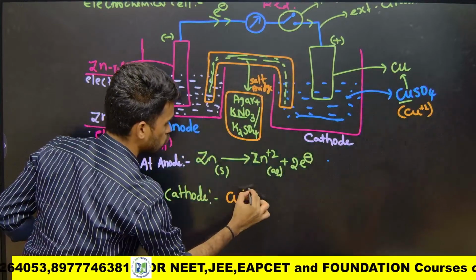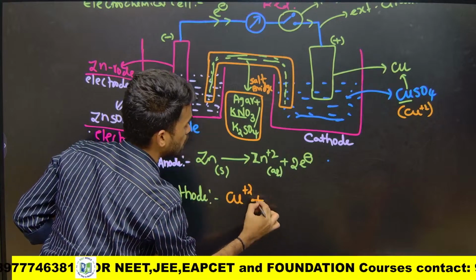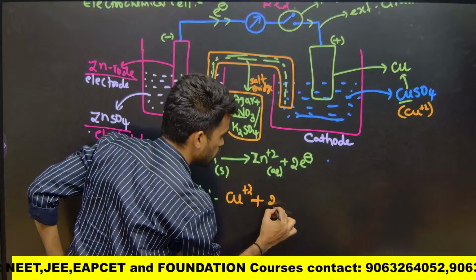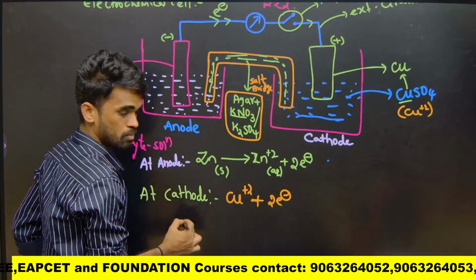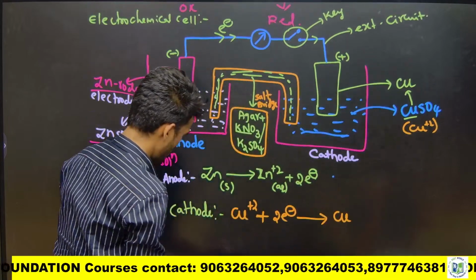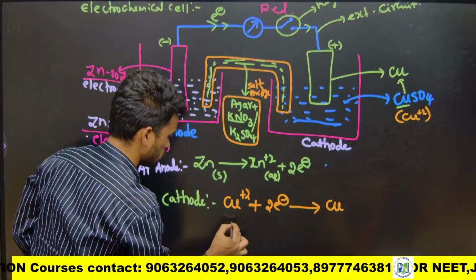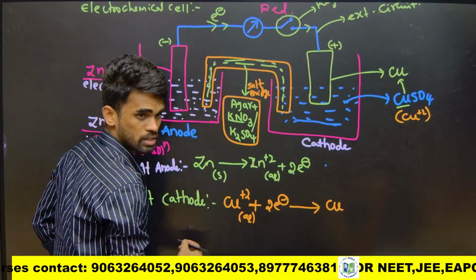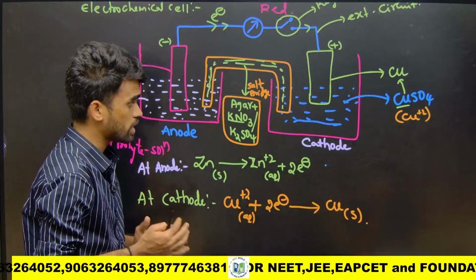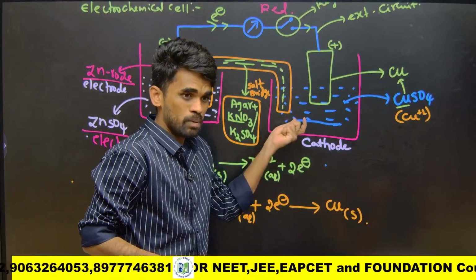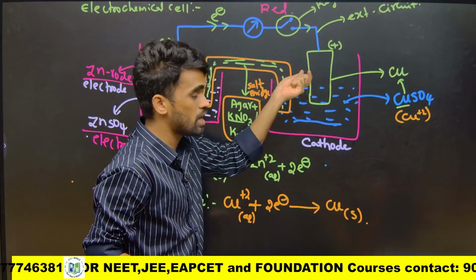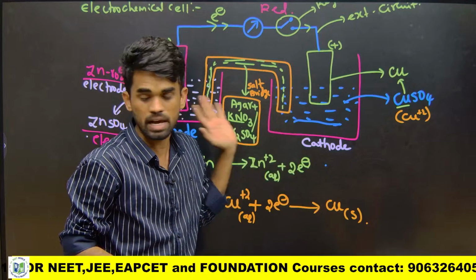So this Cu2+ will take the 2 electrons coming from the anode through the external circuit. Those 2 electrons are taken by Cu2+ and it becomes Cu. Here Cu2+ is in the aqueous form, right? And Cu is in the solid form. This is the conversion taking place. So can I say the Cu2+ ions from solution deposit on this copper rod? Yes, this is the scenario here.